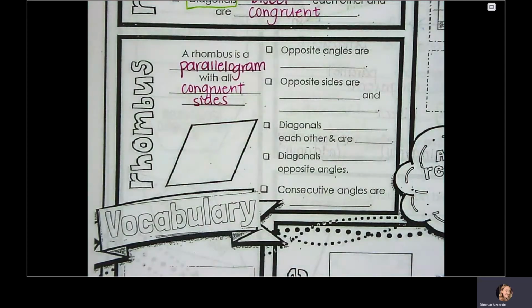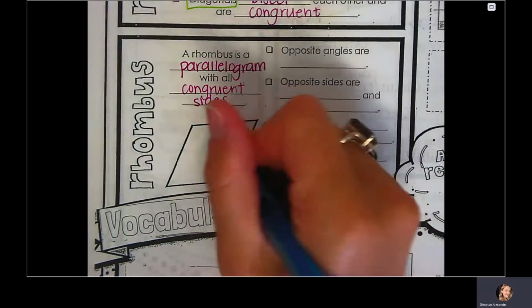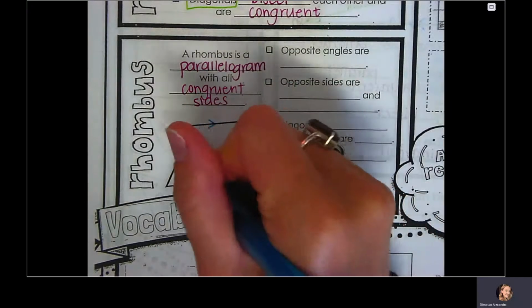Okay, so if it is a parallelogram, that means you have two pair of parallel sides. What should I put to show that the sides are parallel? Should put some arrows. Yep, so let's do that to start. One pair of arrows, two pair of arrows.